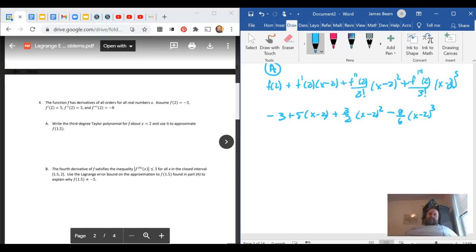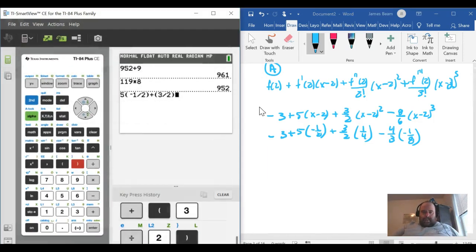Okay, so we throw in there the 1.5s, so we're going to get -3 plus 5 times -1/2 plus 3 halves times, let's see, a quarter, minus 4/3 times -1/8, right? Okay, so when I put 1.5 through all that, I'm going to get that. So let's just math on that a little, because we're going to actually need a number here for the next part.